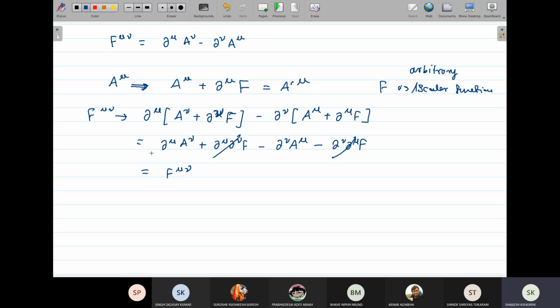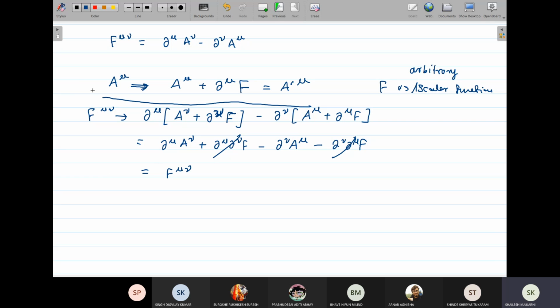It's not the potential but the electric and magnetic field which matters, right? So my fields are the same, but my potentials are changing. Is this fact clear?